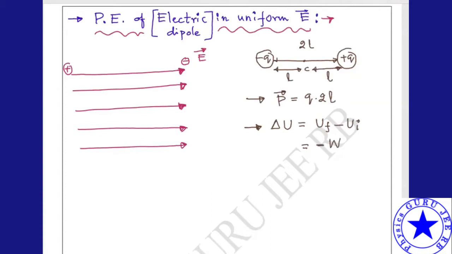In 11th class we discussed electric force, which is a conservative force. Or this can also be written as the work done by the external force. So this is nothing but the definition of change in potential energy.